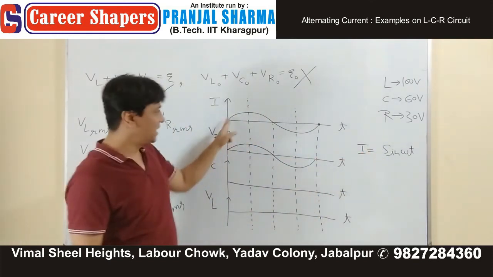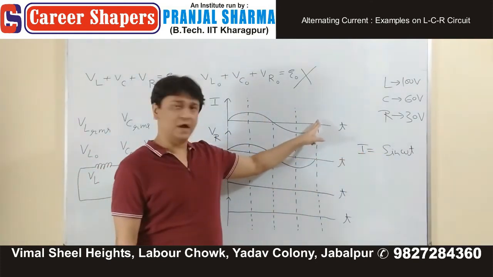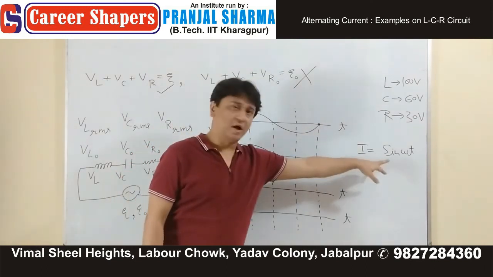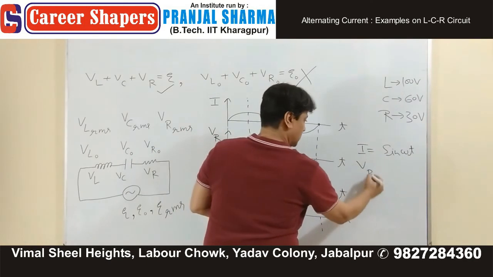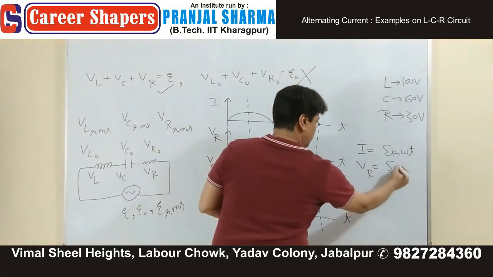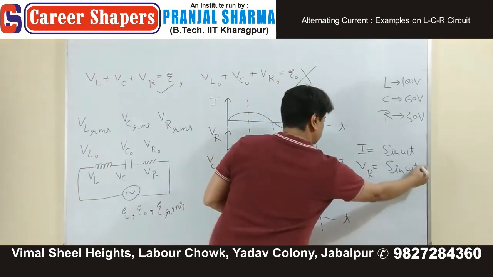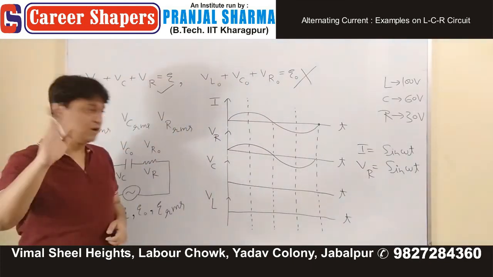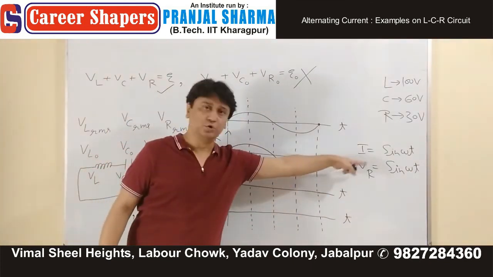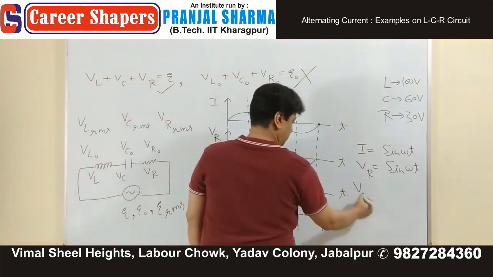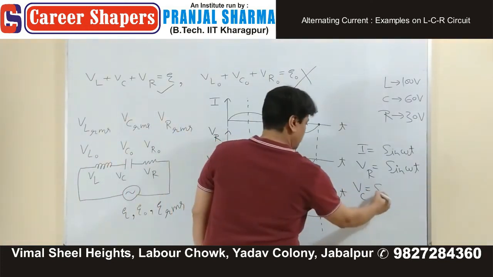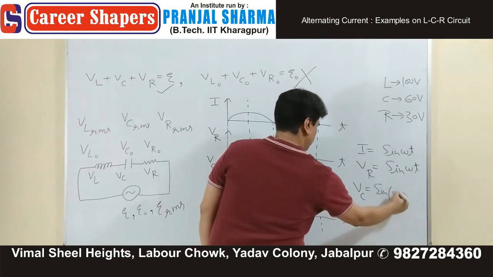So somebody has given us the curve of I. If we have I, then VR will be some peak value and then sine omega t. I'm not interested in the peak value and therefore I'm not using those.